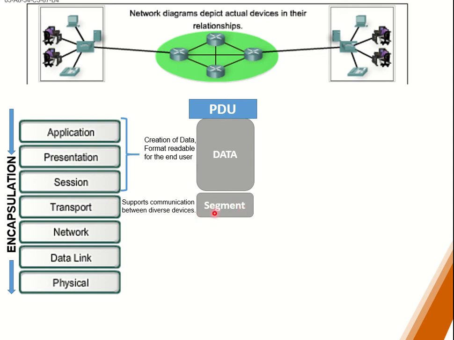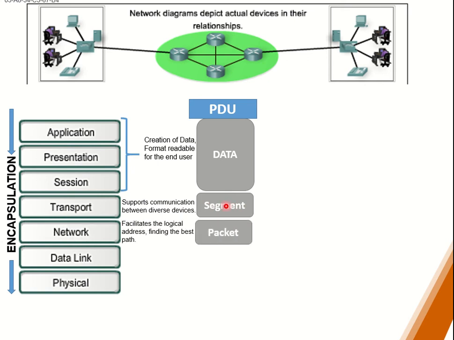Why does it change? It changes because the transport layer has specific information to attach to your data, making it called a segment. The information attached by the transport layer is necessary to support communication between different devices.